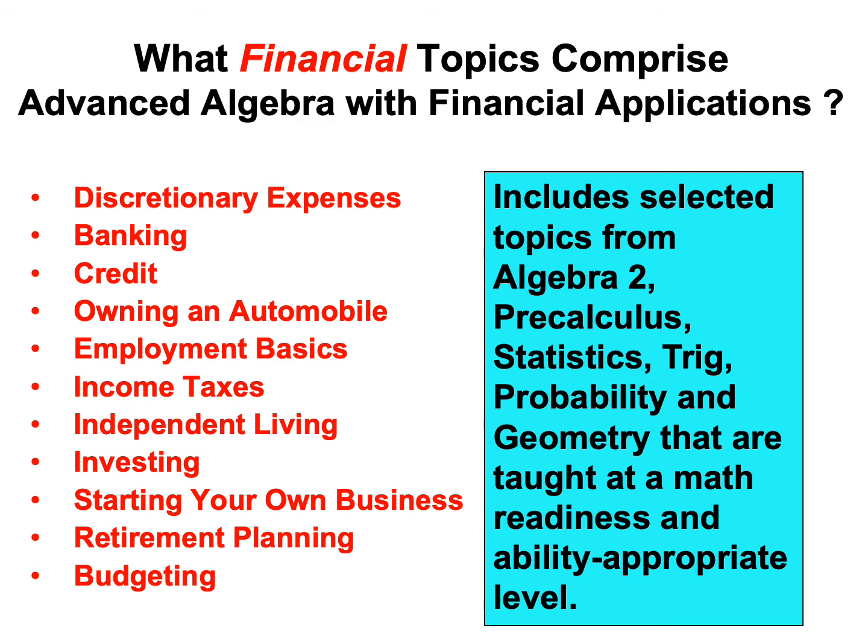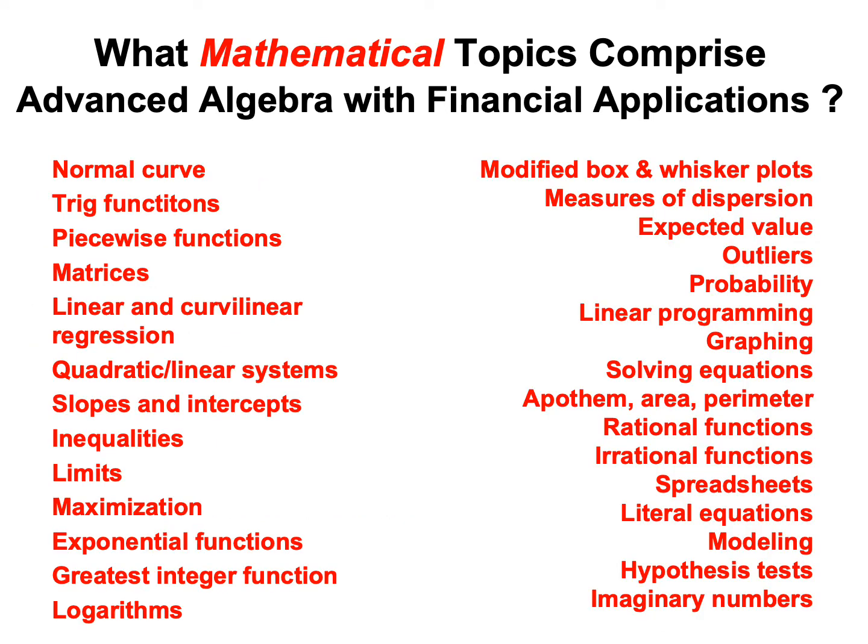And all of these topics include selected topics from Algebra 2, pre-calculus, statistics, trigonometry, probability, and geometry that are taught at a math readiness and ability appropriate level. Scan these topics and you will see that this is not a consumer math course.